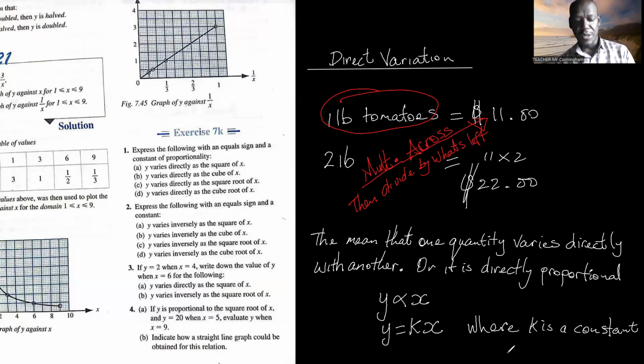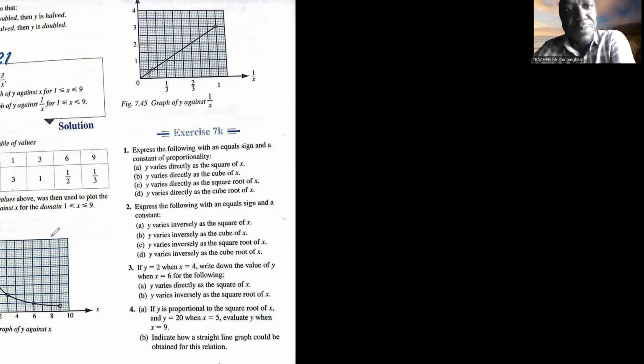So let's try to use the formula. Look at number 1, exercise 7K. It says express the following with an equal sign and a constant of proportion.